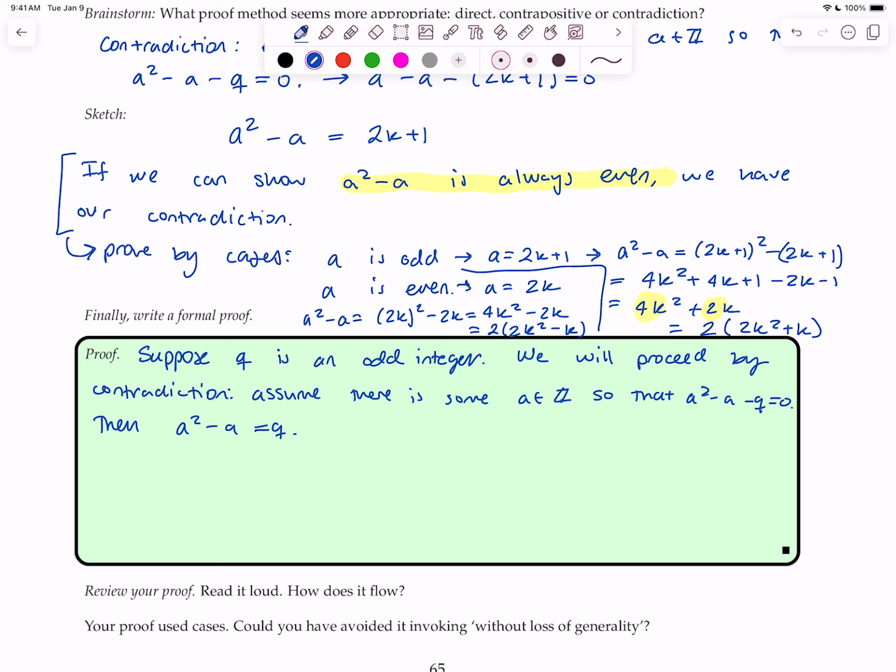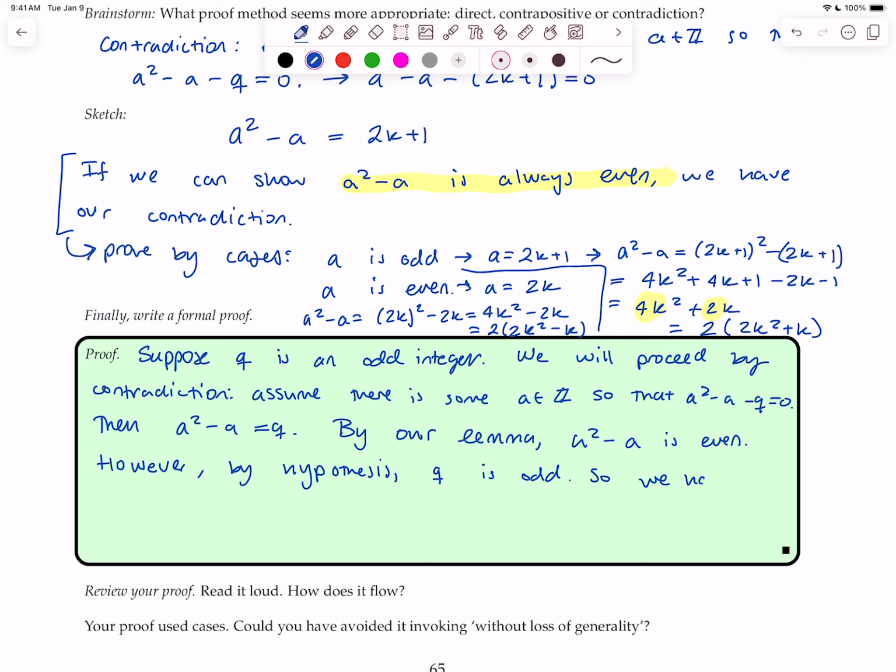By our lemma, a squared minus a is even. However, by hypothesis, q is odd.